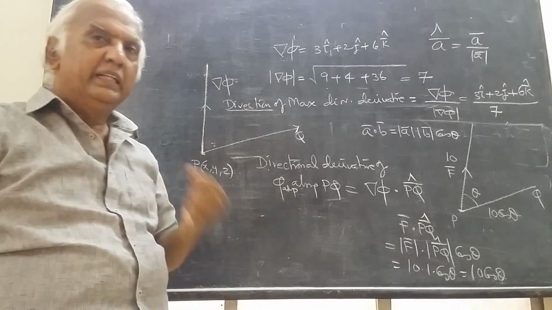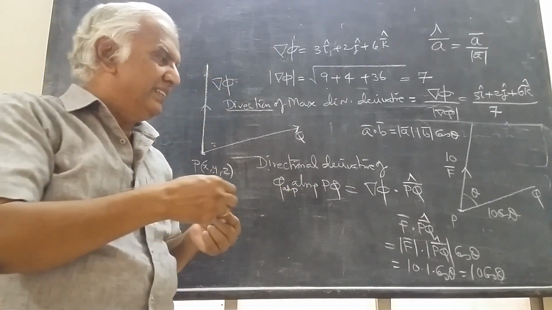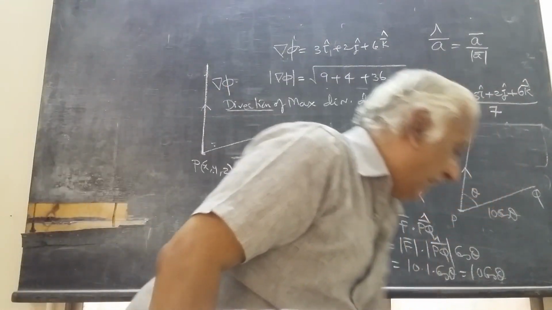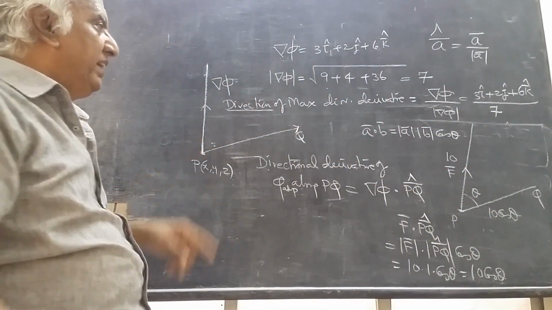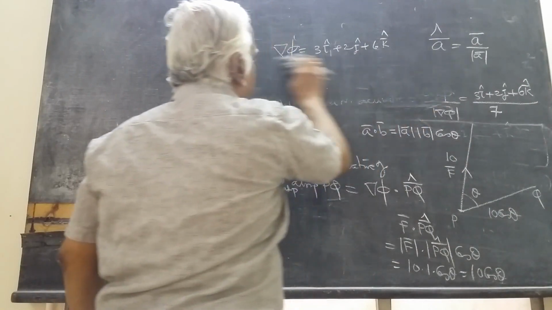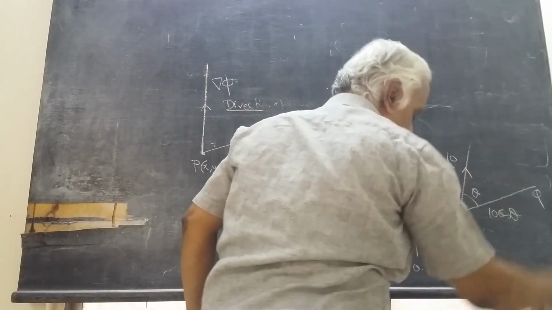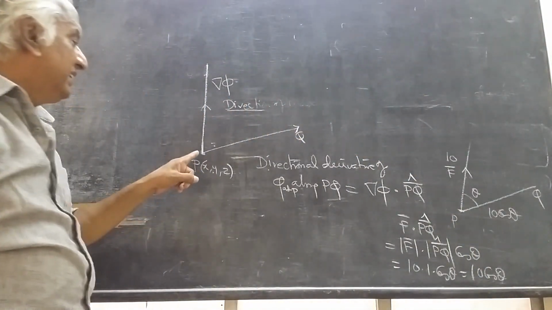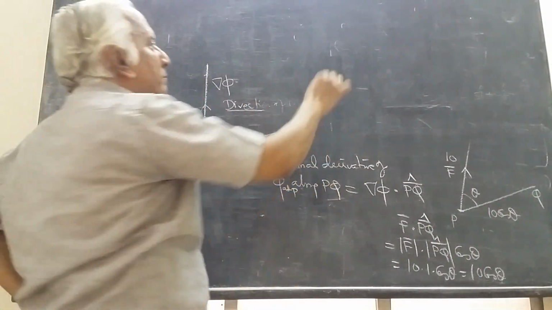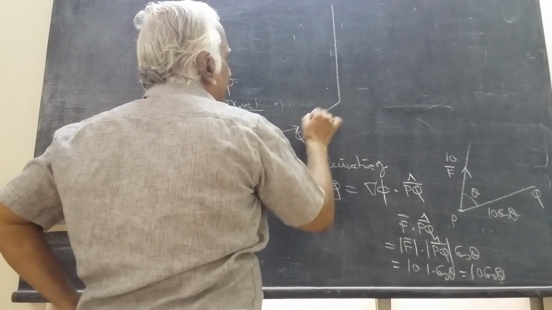Now, they will ask you what is the change along x-axis at P, along y-axis at P, along z-axis at P. You should not worry about where the x-axis, y-axis, z-axis come from here. This is the origin.